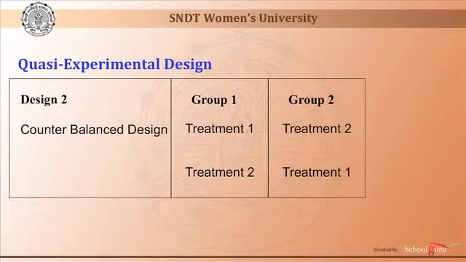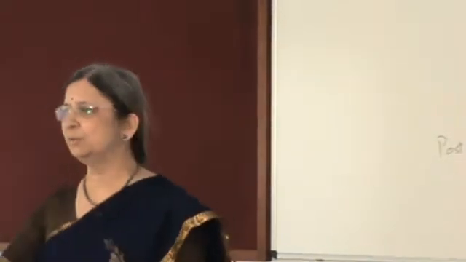There are two groups, group 1 and group 2. Counterbalance means what do we do? Group 1 gets treatment 1 first and group 2 gets treatment 2 first. Then what do we do? Then we change. That means group 1 gets treatment 2 and group 2 gets treatment 1.